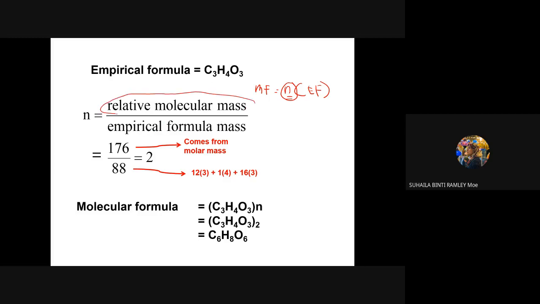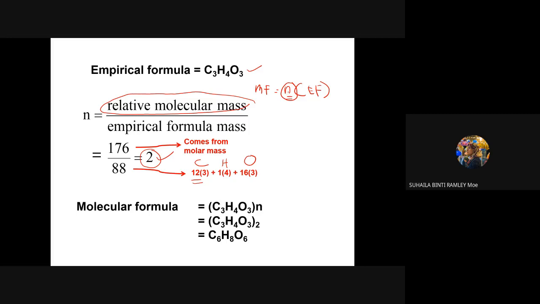Given in the question, relative molecular mass is 176. Empirical formula mass, we calculate from the empirical formula that we have here. So 12 times 3, kita ada 3 carbon, 1 times 4, 4 hydrogen, 16 times 3, 3 oxygen. So we get 88. Then 176 divide by 88, kita ada N equals to 2.